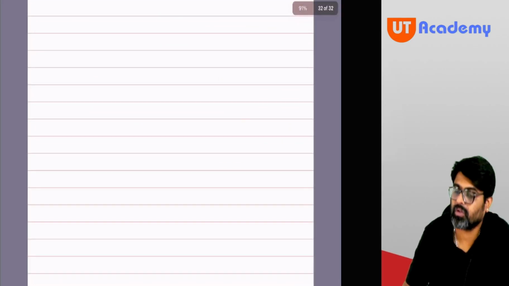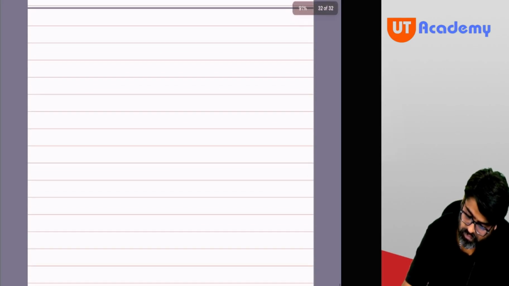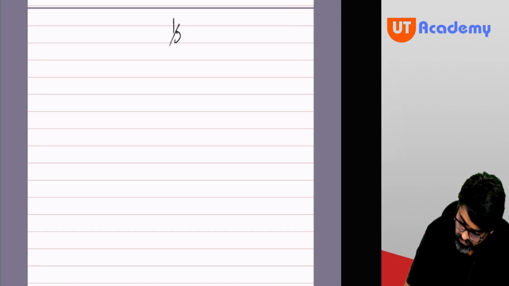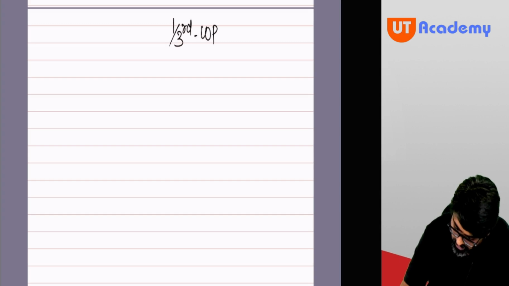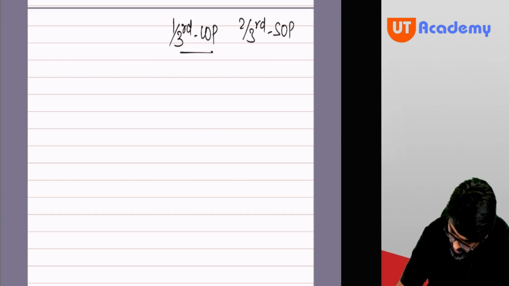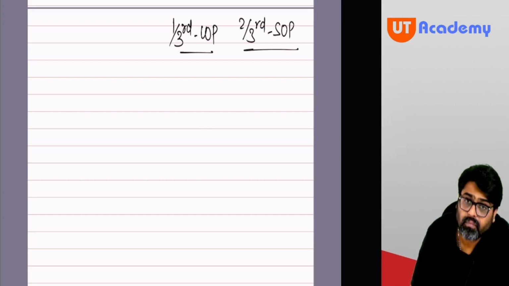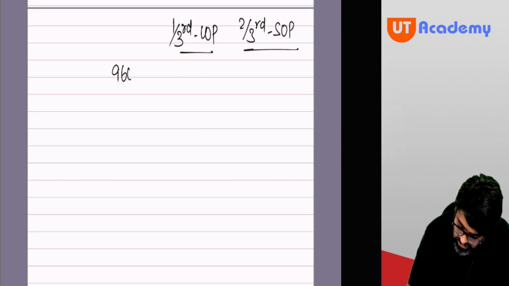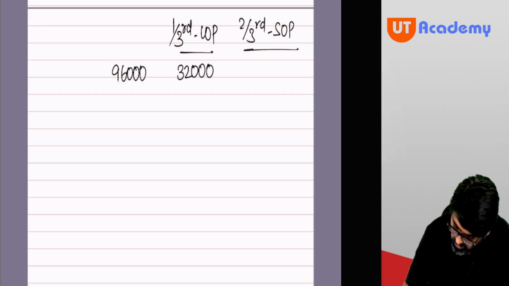What was the municipal value? 1/3 portion is let out, no? Or 2/3 is let out? 1/3 is LOP and 2/3 is the self-occupied portion. How much is the municipal value? 96,000 into 1 by 3. 32,000. Here it will be nil.